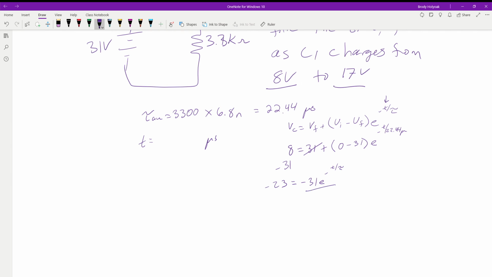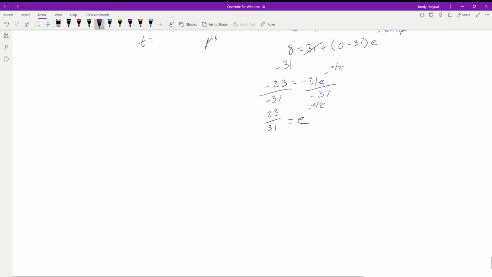We divide both sides by -31. So we get 23 over 31 is equal to e to the -t over tau. And how do we get the exponent down to where we can manipulate it?